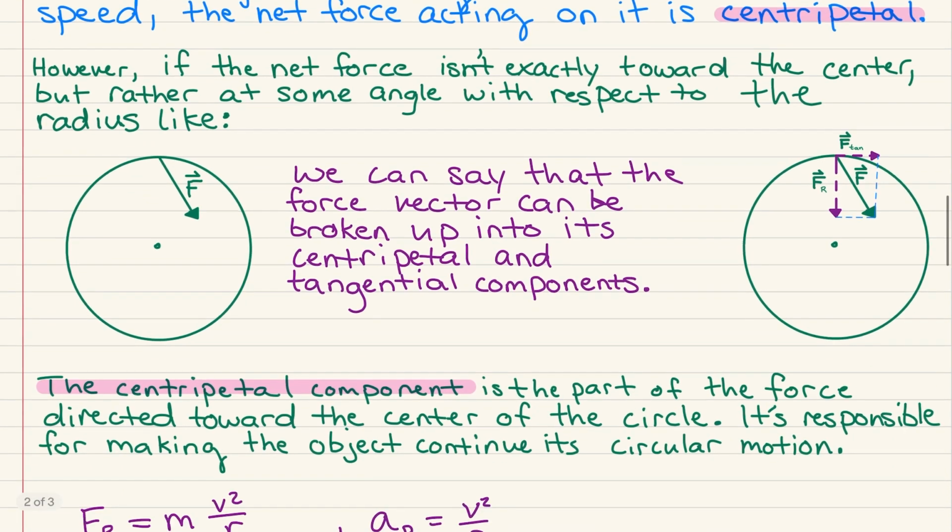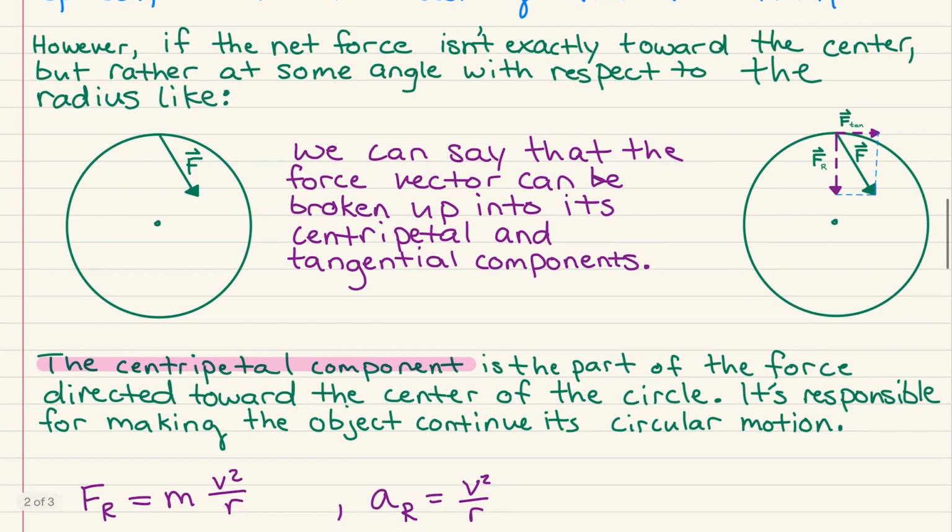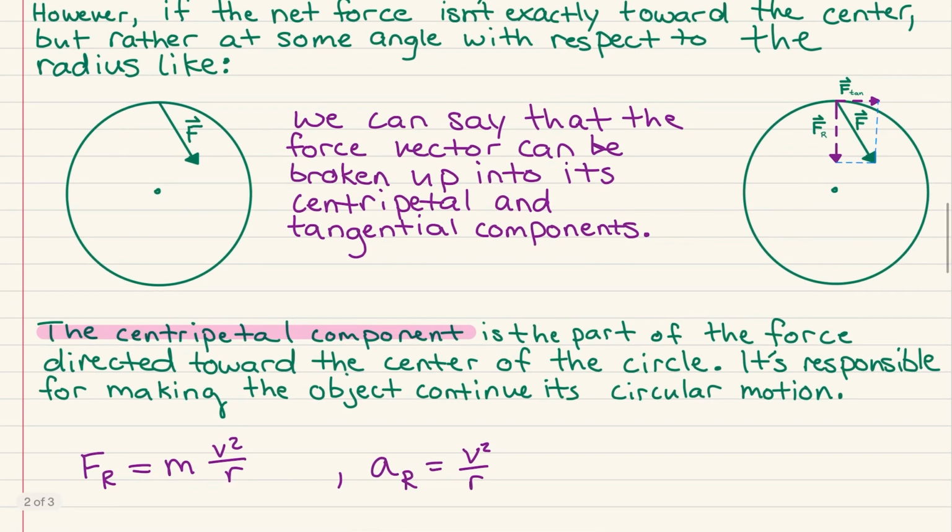The centripetal component is the part of the force directed towards the center of the circle, as you can see here. It's pointing exactly towards the center of the circle, and that's why we call it the centripetal component. It's still the only thing responsible for making the object continue its circular motion. So nothing has changed about the centripetal force.